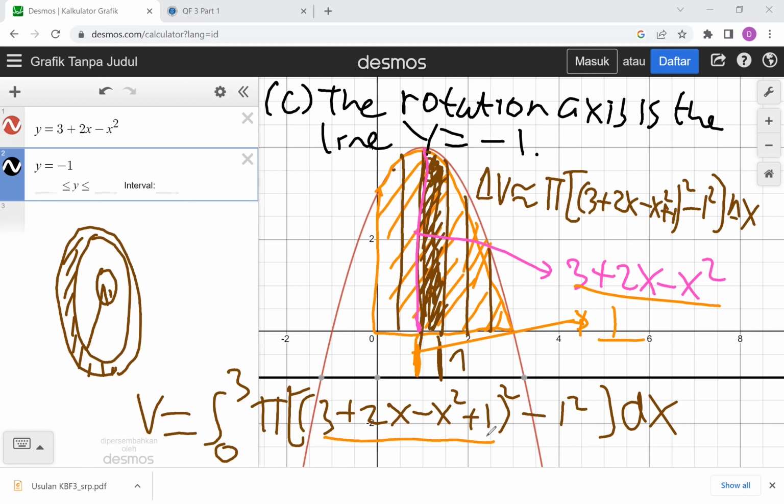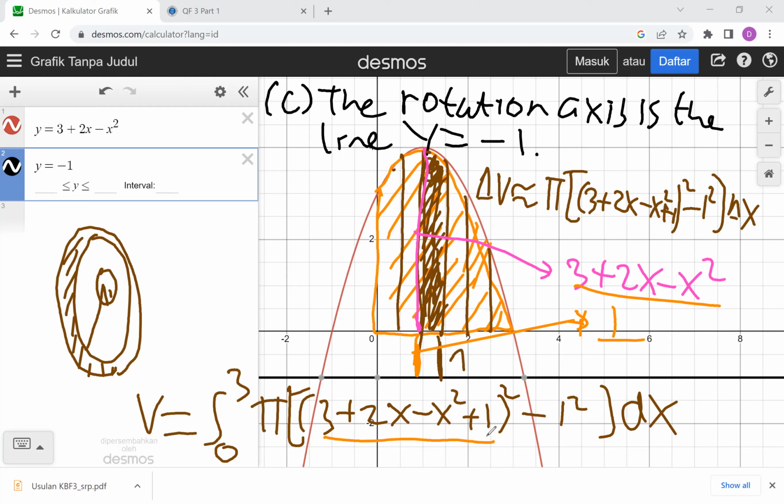So that's why you need to calculate delta V first, because for the volume of a solid there is no definite formula, because the rotation axis can vary. It can be the x-axis, the y-axis, the line y equals 3, the line y equals 7, for example. So we approximate delta V first, because delta V is usually a simple object, a cylinder or a cylinder with a hole inside.